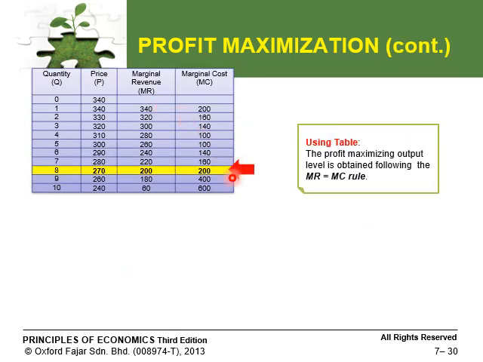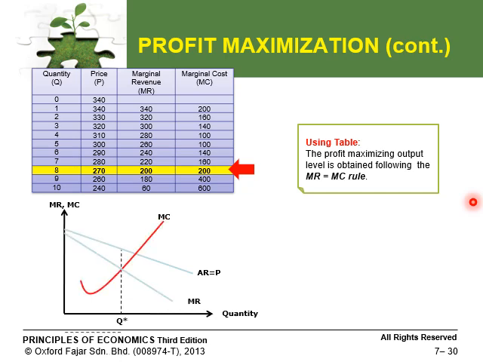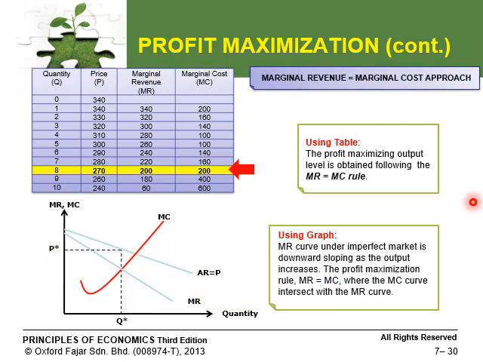The second method to measure profit maximization in the monopoly market is the marginal approach, which we have learned in the previous market. As you know, with the marginal approach, marginal revenue needs to be equal to marginal cost.